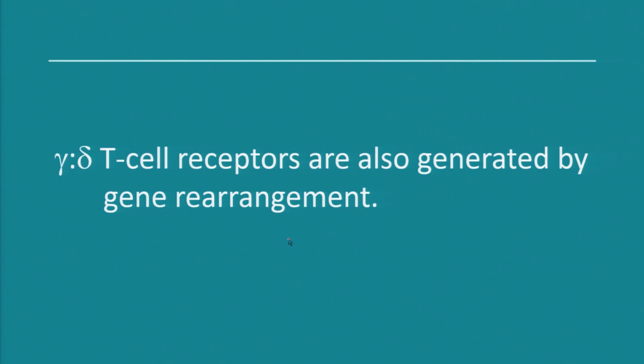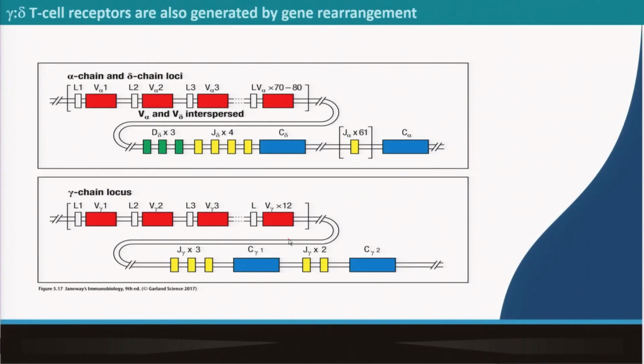Gamma delta T cell receptors are also generated by the same arrangement. What happens is, this is very nice, the V delta segment is present here. If V alpha and J alpha recombine, this part is automatically eliminated. So if there is an alpha rearrangement, there will be no chance of V delta. Am I clear?